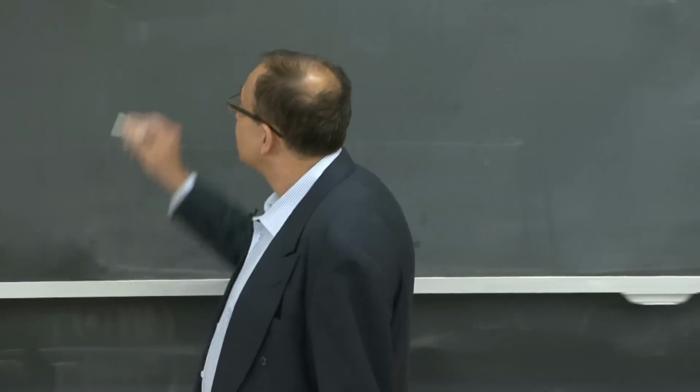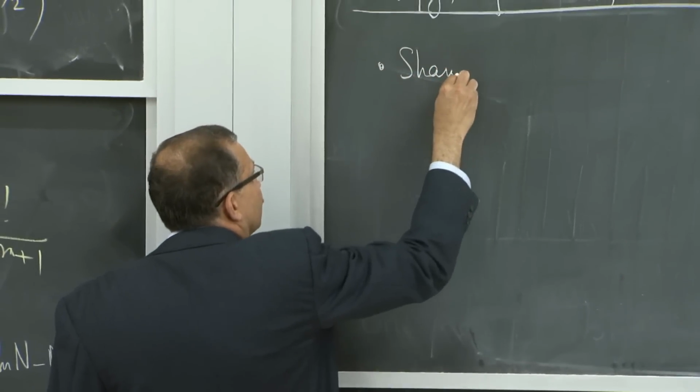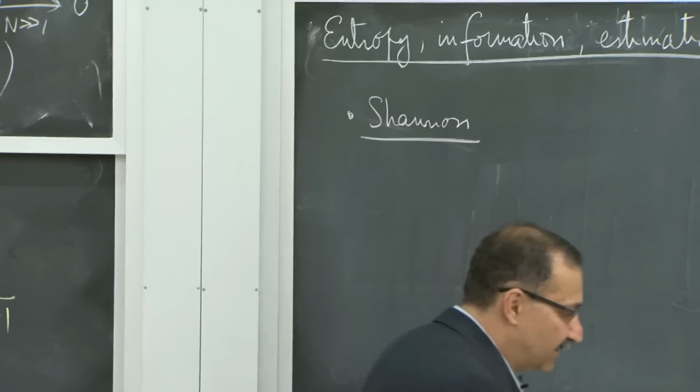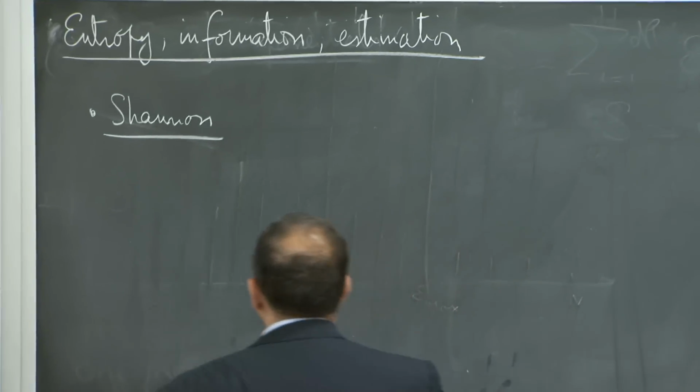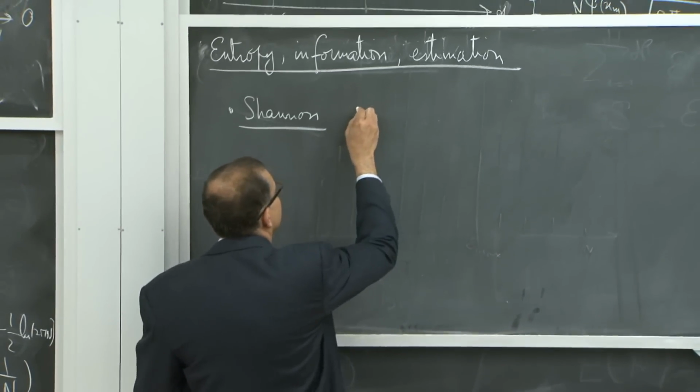So also information, what does that mean? It goes back to the work of Shannon. And the idea is as follows. Suppose you want to send a message of n characters.